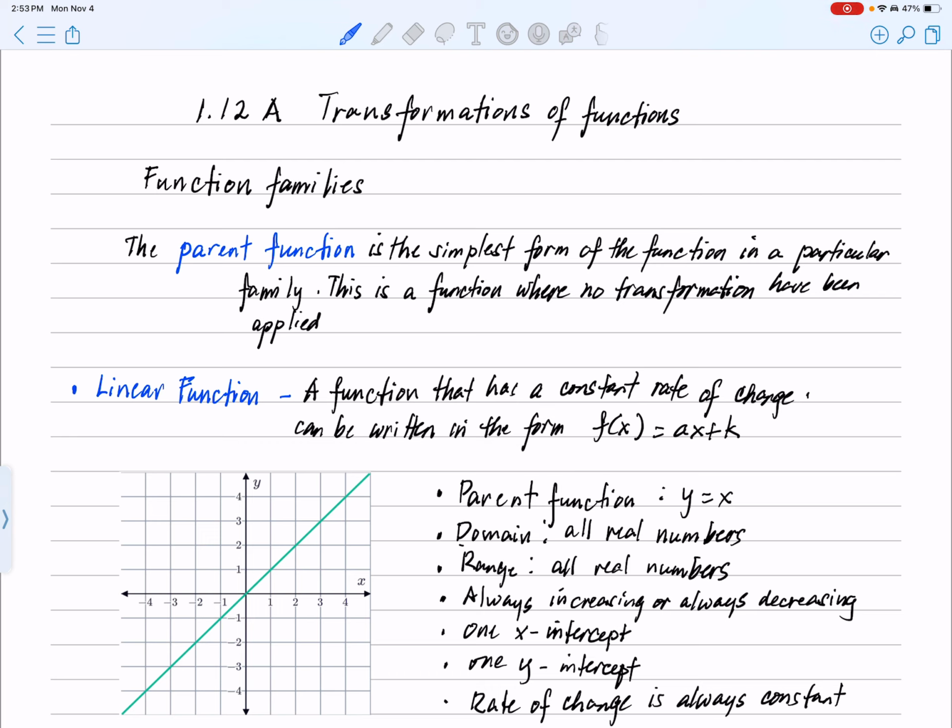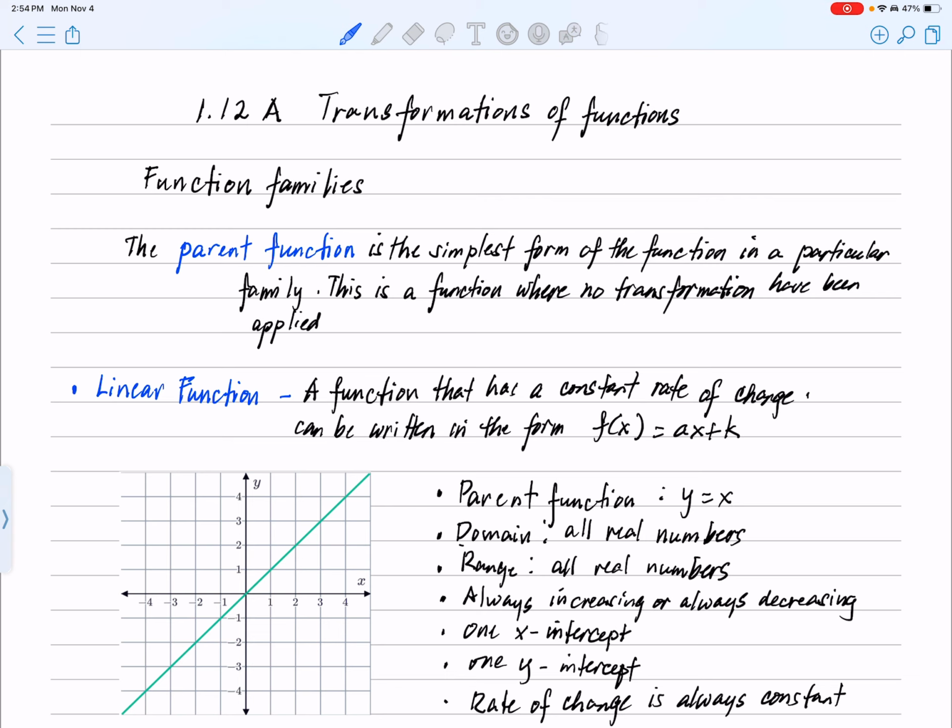I divided this into two parts because I want to start with the function families and review what the function families are. I know we have gone through this in Algebra 1. There are many types of functions, and we can group them into categories, and that is what we call the function families.